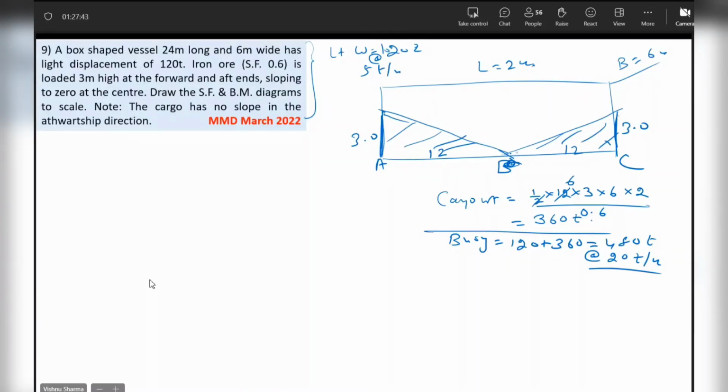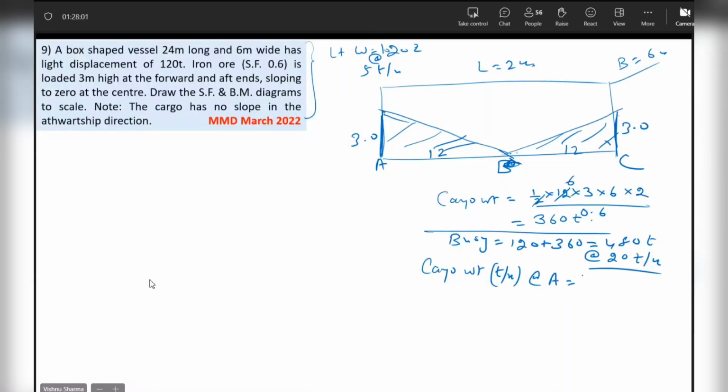Guys, what is the weight of cargo at A? Cargo weight tons per meter at A. It will be the weight of cargo contained if the height of 3 meters is continued for 1 meter.